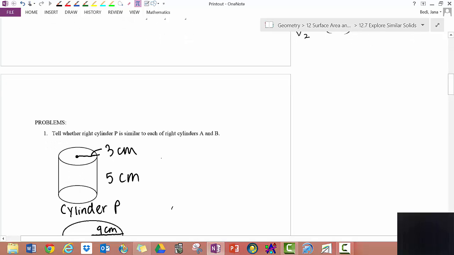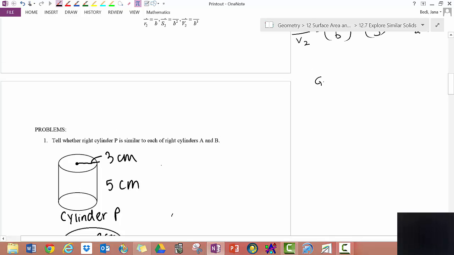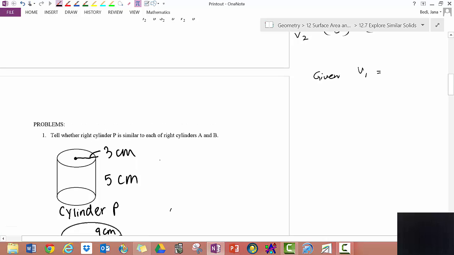I am just going to do a problem over here. Let's say you're given volume 1 is equal to 125 units cubed, and volume 2 is equal to 27 units cubed.